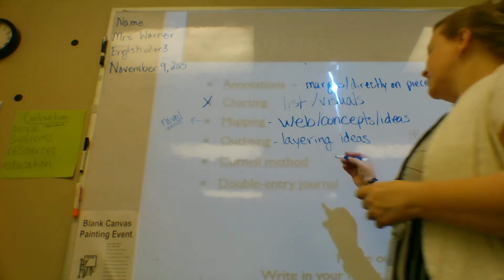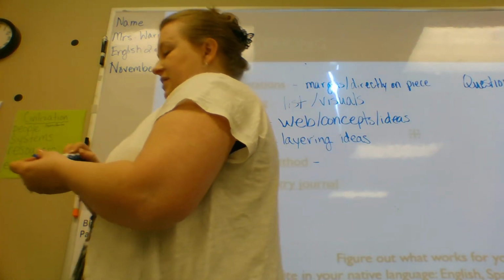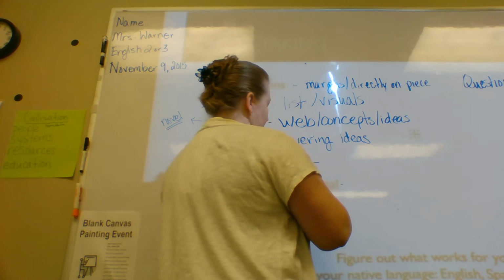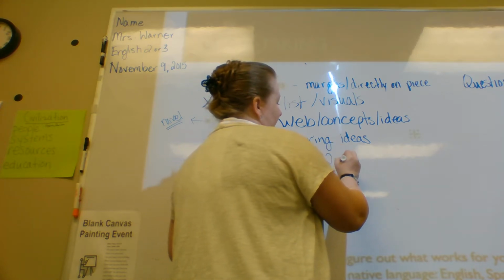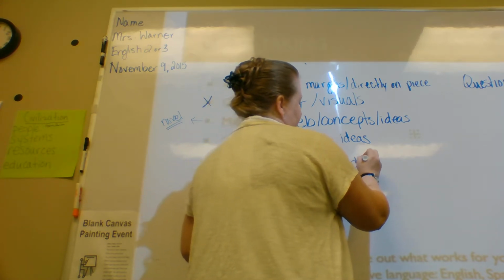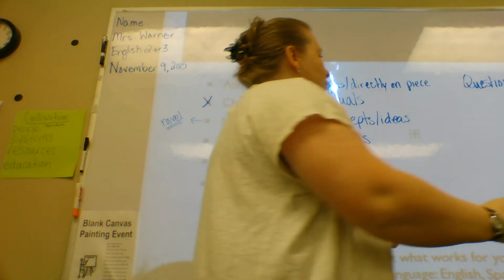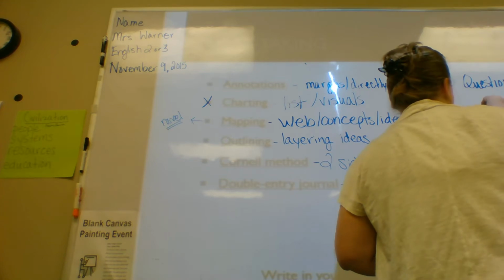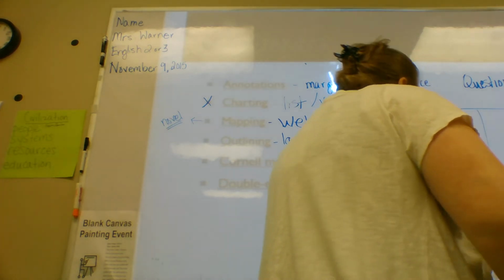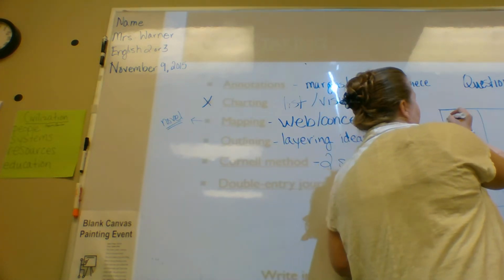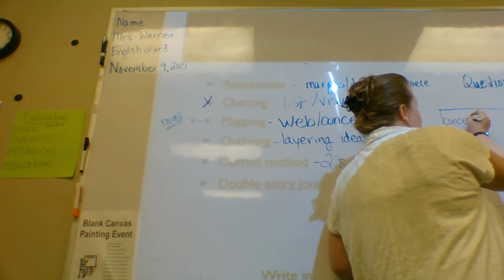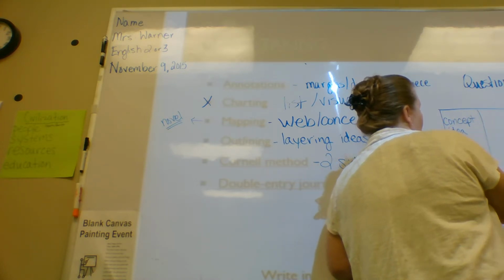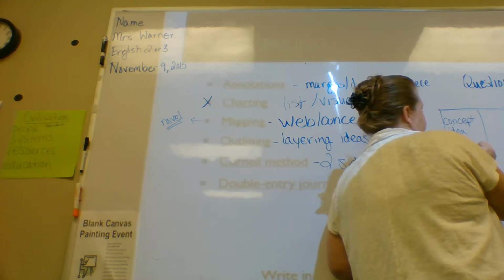So another method is what we call the Cornell method. The Cornell method is very similar to a double entry journal. So Cornell has 2 sides. And with those 2 sides, on one side you have a concept, an idea, or a question.